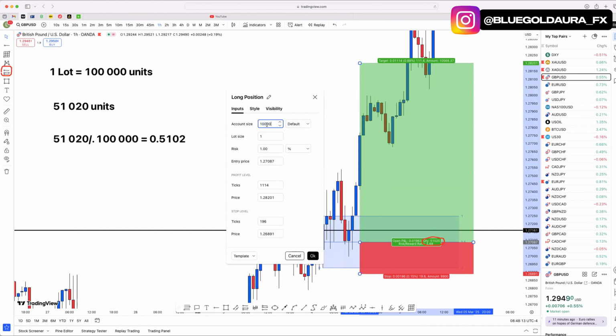So here you see the account size, the lot size, the risk percentage, entry price, whatever, right? What led me to this number was that we are working with an account size of 10,000. You can use 100,000 or whichever amount you have. And then the risk percentage in this case is 1%, right? And then you see the profit level in ticks and stop level in ticks, okay?